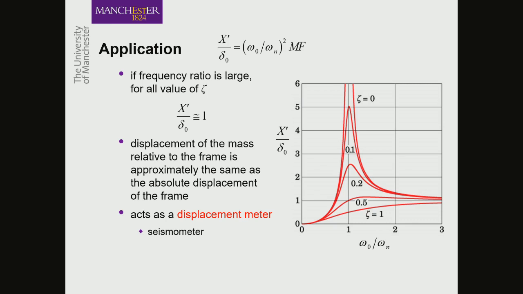Can you change omega 0, the forcing frequency? You are trying to measure the magnitude of the earthquake, for example. Can you change omega 0? Omega 0, what was it? Forcing frequency. Can you change it? If you do, please let me know. It's quite an important thing.